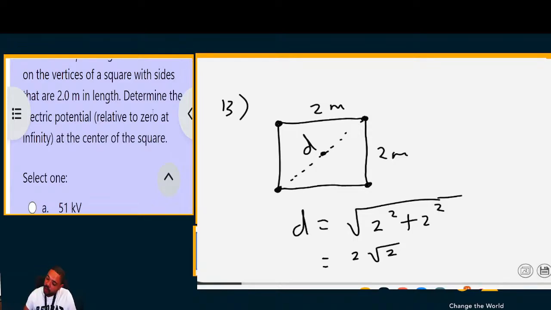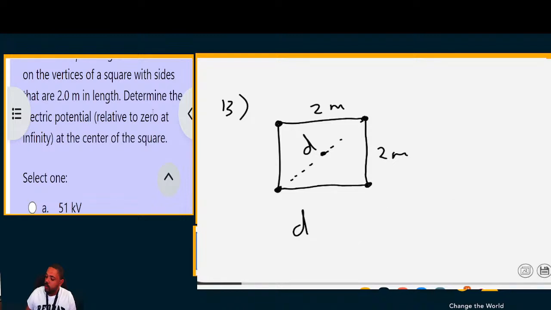But we want the distance just from each vertex to the center. So it will be half the diagonal distance. So if we half that, okay, we get just square root 2. So the distance from a vertex to the center is just square root 2.